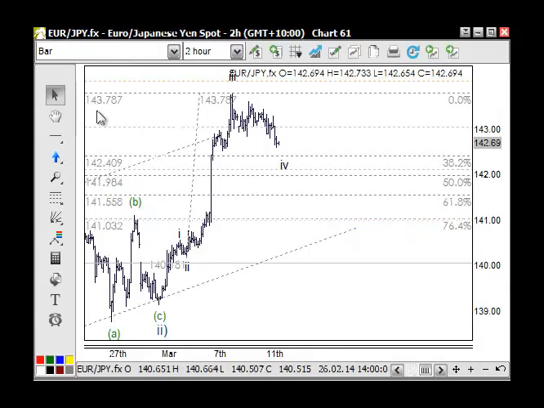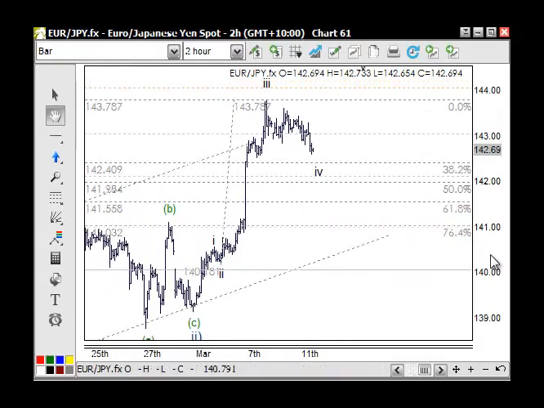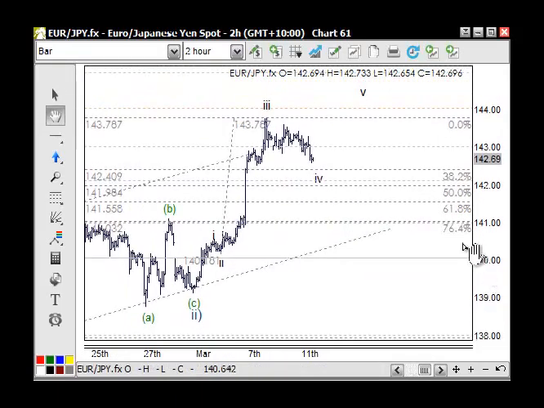The euro yen, as we mentioned yesterday, does appear to still be just in its fourth wave here. So from this move here, we've got wave 1 to here, wave 2 to here, and then the whole third wave up here with the third of the third in the middle here. So the fourth wave here pulls back into the 142.40 area through here, or the wave 4 of lesser degree.